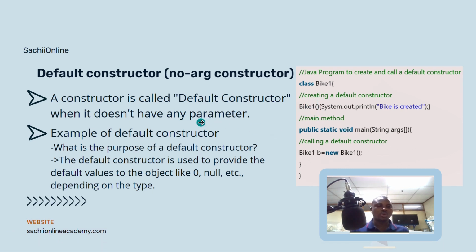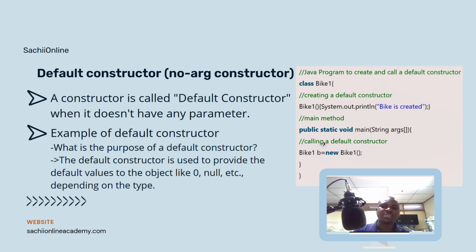A constructor is called a default constructor when it doesn't have any parameter. This is an example of a default constructor. If you look, it has the name of the class, and inside these brackets there is no argument or parameter. This is the type of default constructor.